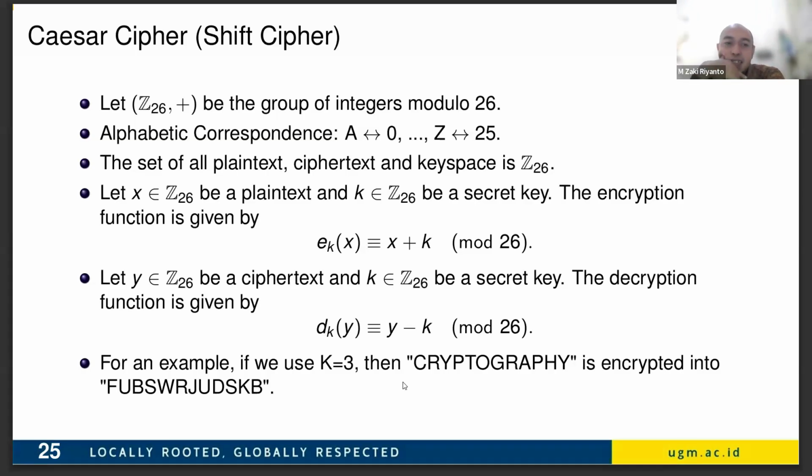So we use Z26, the group of integers modulo 26, and we use the correspondence between the alphabet and the integers, A with 0, B with 1, and Z with 25. So here we use Z26 for the set of all plaintexts, the ciphertexts, and the key space.